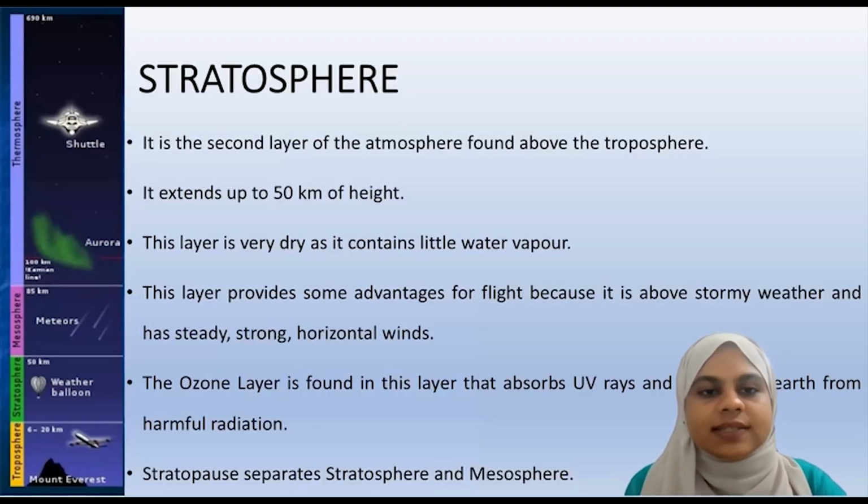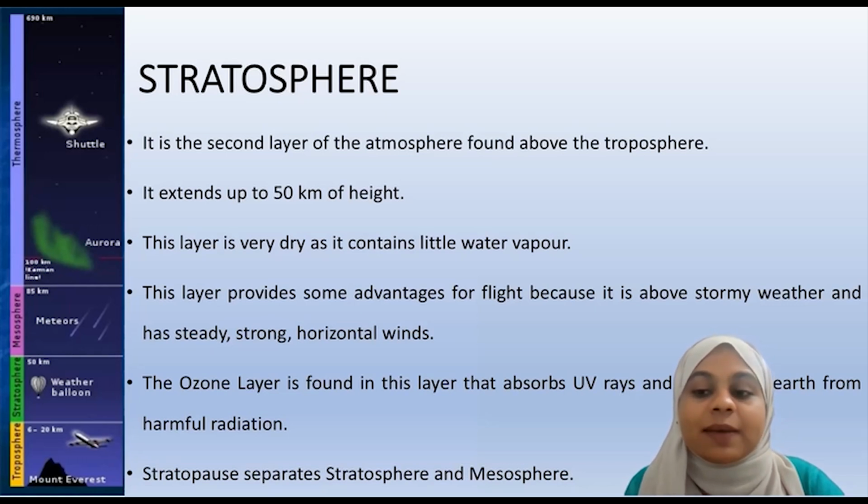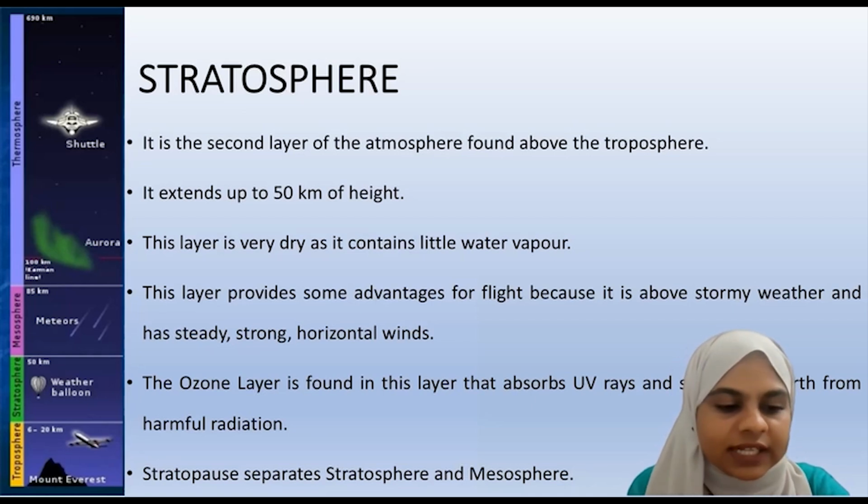And next one is the stratosphere. It is the second layer of the atmosphere, found above the troposphere. It extends up to 50 kilometers of height, and this layer is very dry as it contains little water vapor. This layer provides some advantages for flight because it is above stormy weather and has steady, strong horizontal winds.